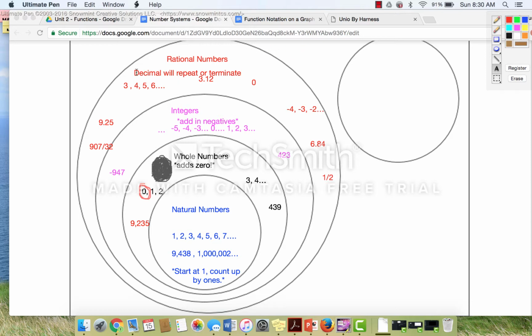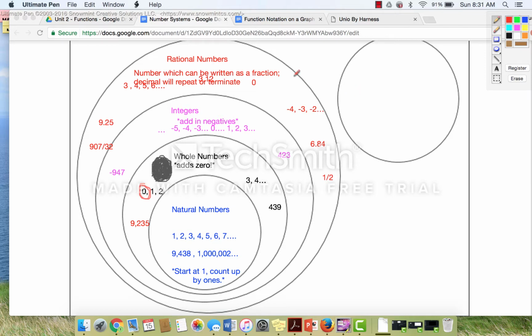Okay, I'm going to make this a little more precise. A rational number is a number which can be written as a fraction. Its decimal will repeat or terminate, and I'll show you what that means a little bit.